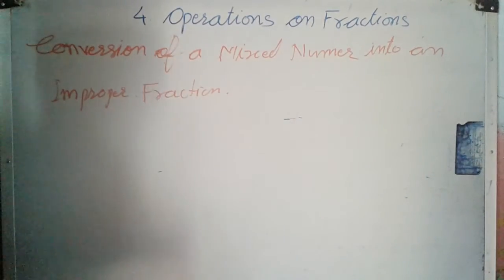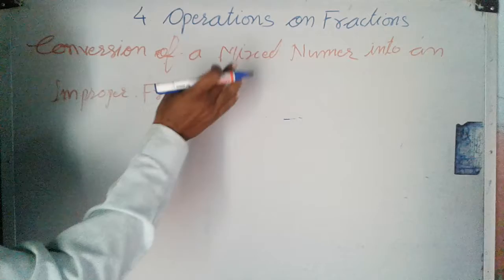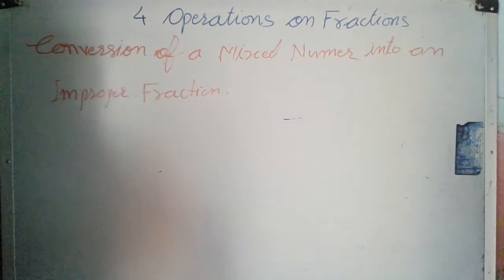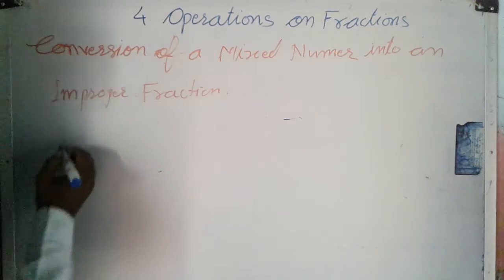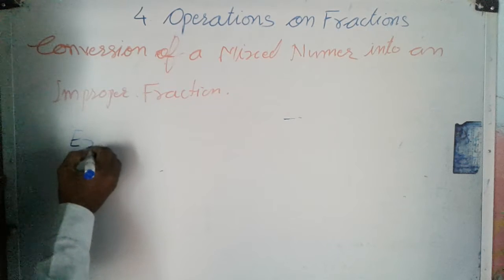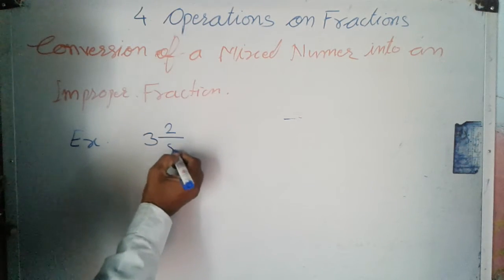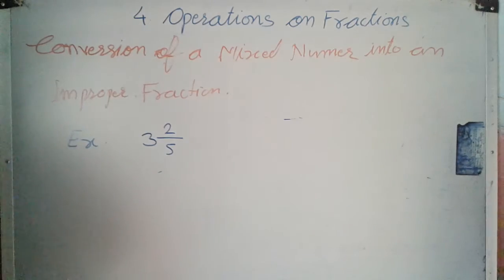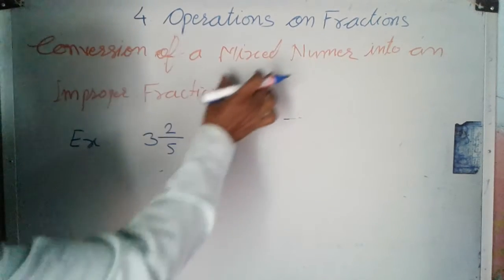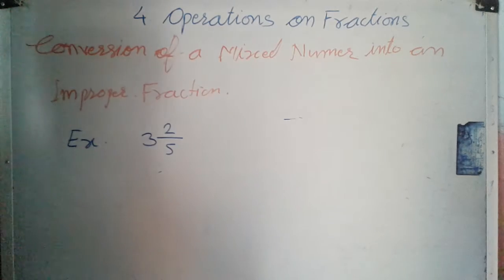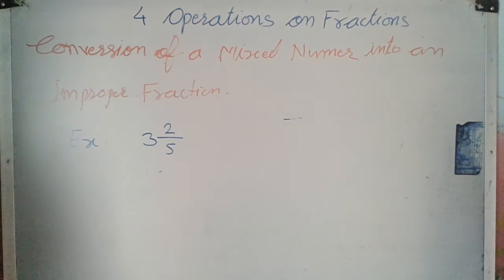Now, we will study conversion of a mixed number into an improper fraction. Now see here, we will take one example: 3 and 2 upon 5. This is a mixed number, and we have to convert it into an improper fraction.